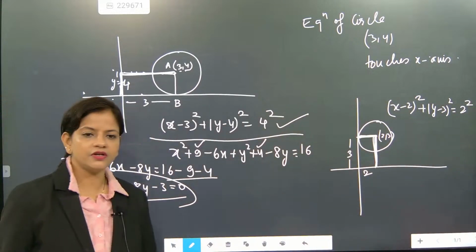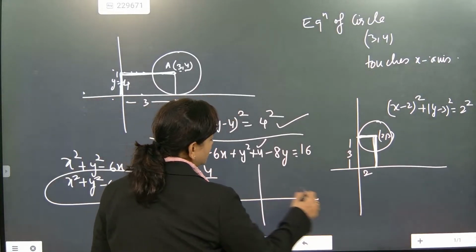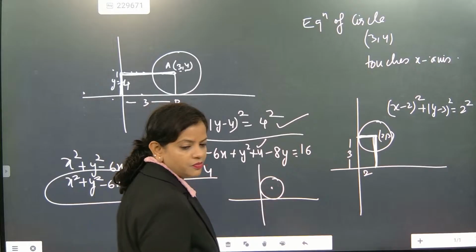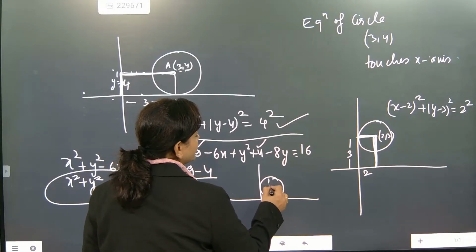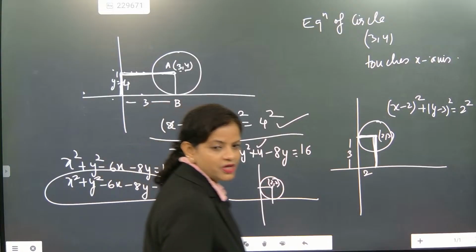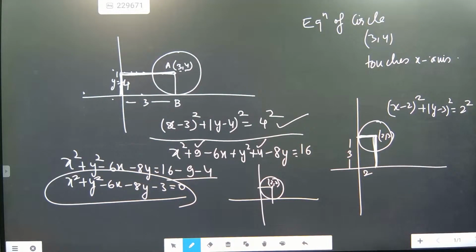I hope everybody understood. When the circle is touching both the axes, the center value will always represent the same value, so here it will become (2, 2), because this distance and this distance have to be the same.